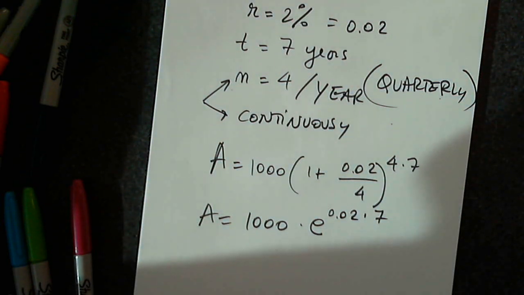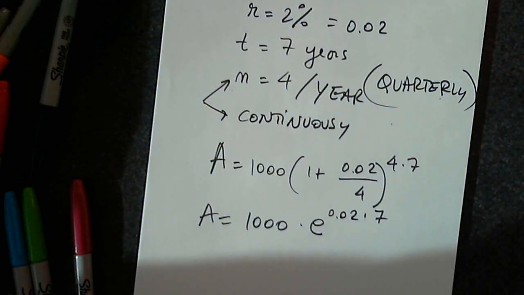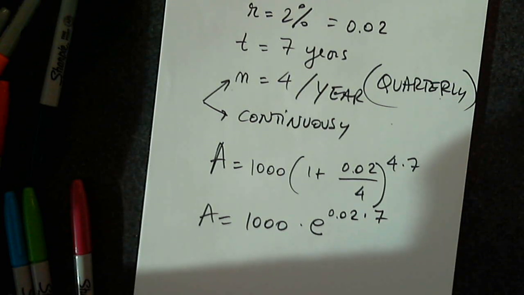1,000 in parentheses 1 plus 0.02 divided by 4, close the parenthesis, power in parentheses, I have 4 times 7, or you just write 28. It's up to you. Close the parenthesis for the top, and then press enter.